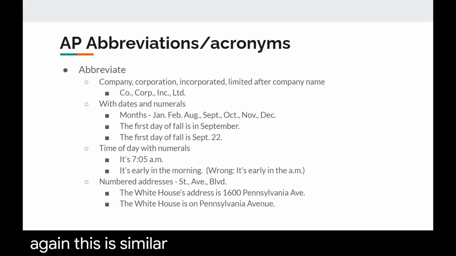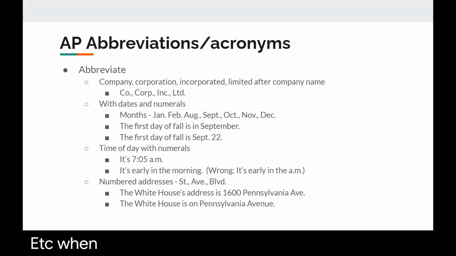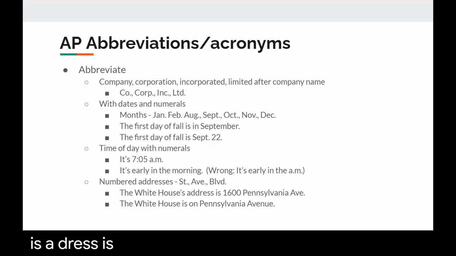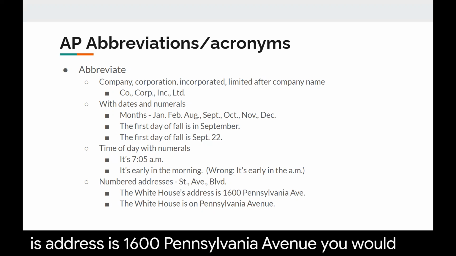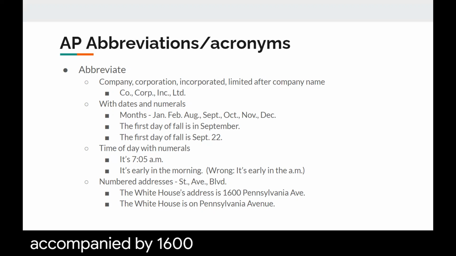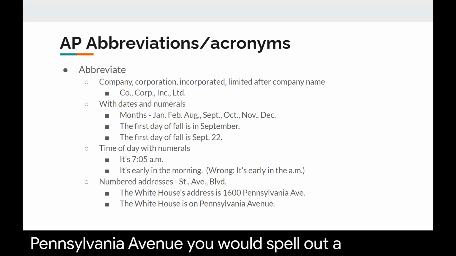Again, this is similar to the dates and time of day rule, where you only abbreviate street, avenue, boulevard, etc. when it comes with a number. So the White House's address is 1600 Pennsylvania Ave. You would abbreviate avenue in that case because it is accompanied by 1600. Where the White House is on Pennsylvania Avenue, you would spell out avenue in this case.